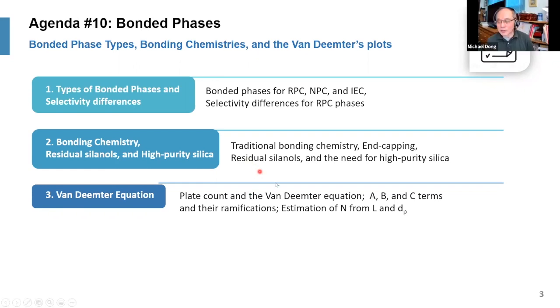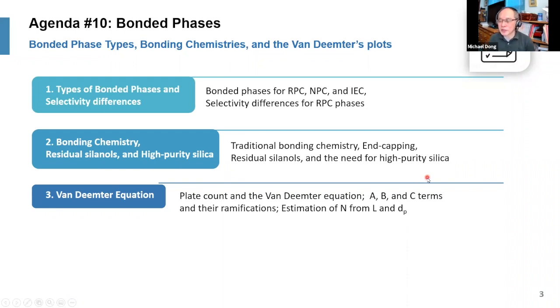Also, residual silanols are really important. That's kind of the problem sometimes we have when one column from different batches of silica is not reproducible. It was the number one complaint 20 years ago. But today, we have solved the problem overall, and that's by the introduction and the need for using high purity silica, right?